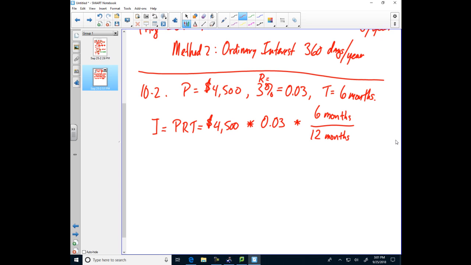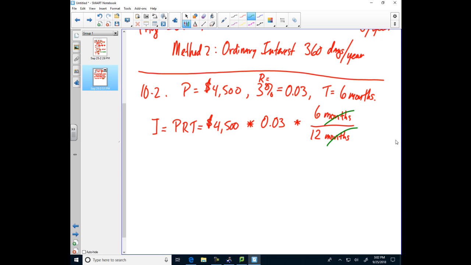Whatever unit of time I have on top, I have to make sure I have the same unit on the bottom, so those two units cancel out. I can't put days on top and months on the bottom, or years on top and days on the bottom. I have to make sure I've got the same units.